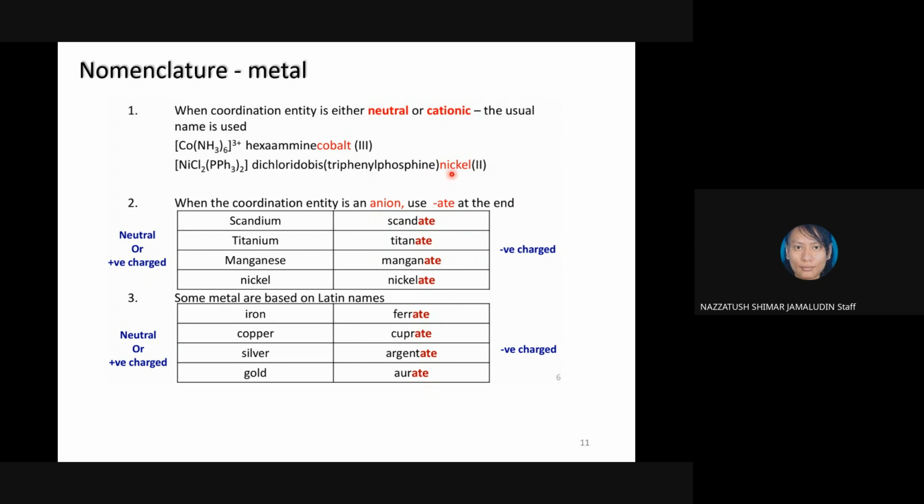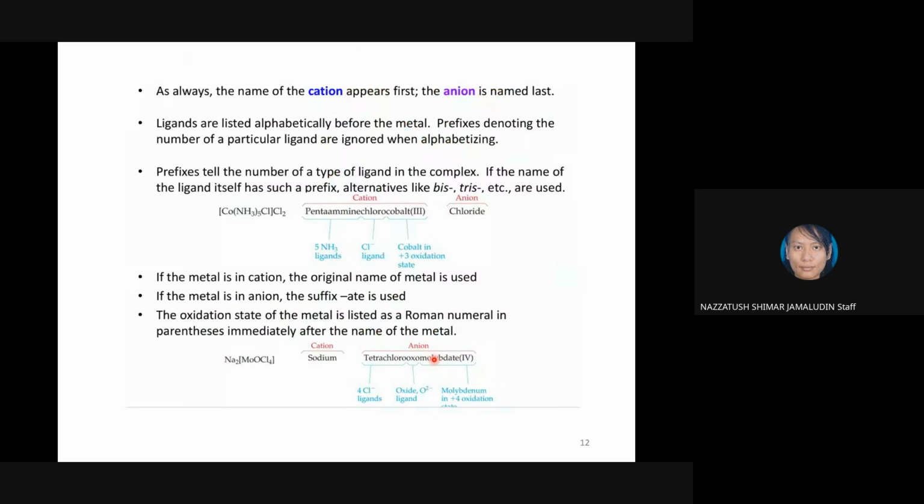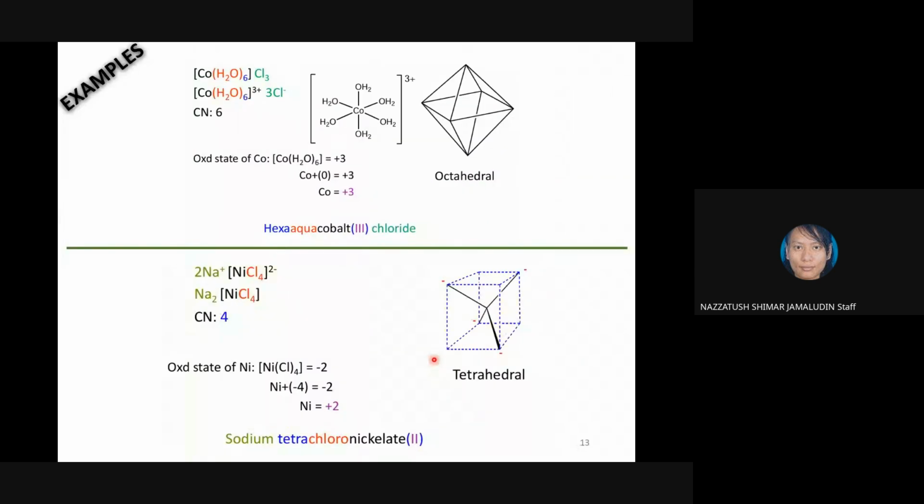However, if the metal belongs to the anionic coordination sphere, the spelling will now change: scandium to scandate, copper to cuprate, ferrum to ferrate, manganese to manganate, nickel to nickelate, titanium to titanate, aurum to aurate, argentum to argentate. These are the examples.